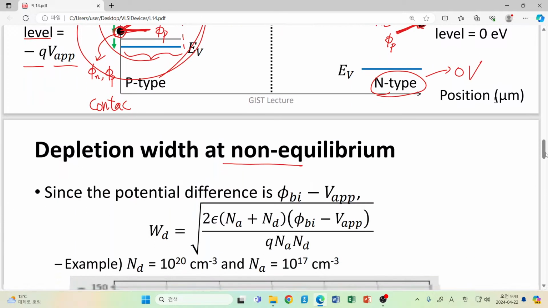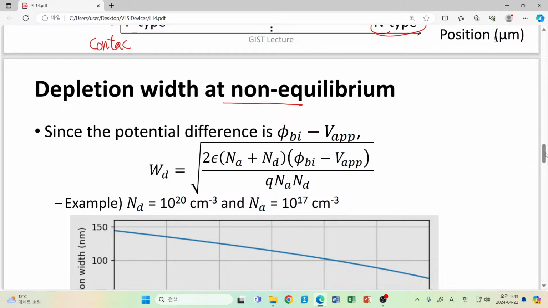So when you calculate this depletion width, instead of the built-in potential, which is valid at equilibrium, we can just introduce a slightly modified one.